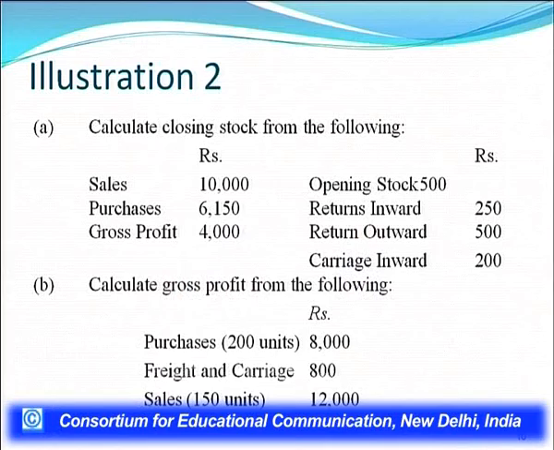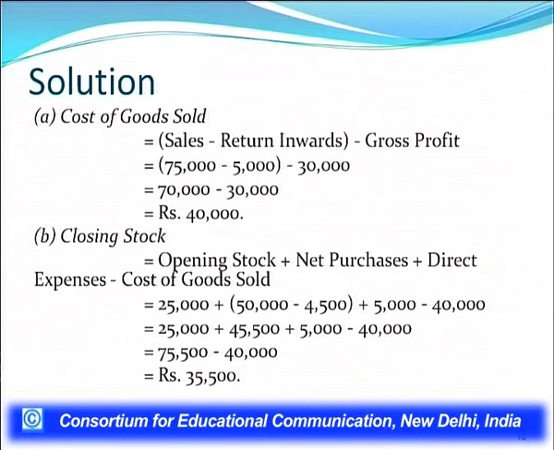Another illustration is given for you, with some information: sales, purchases, gross profit, opening stock, returns inward, returns outward and carriage inward. If we need to calculate the closing stock, first we should calculate cost of goods sold, that is sales minus gross profit.